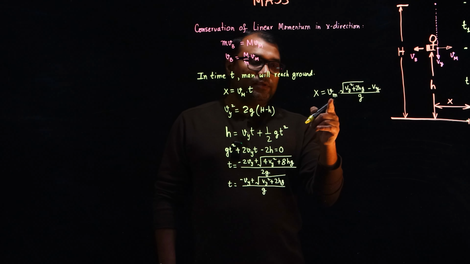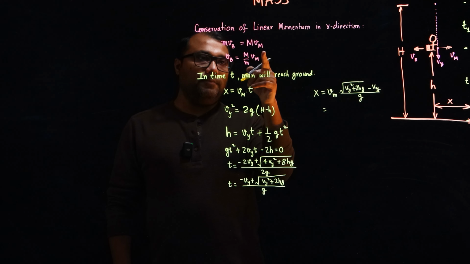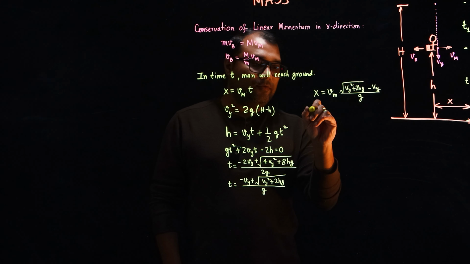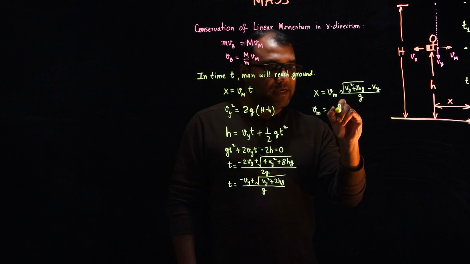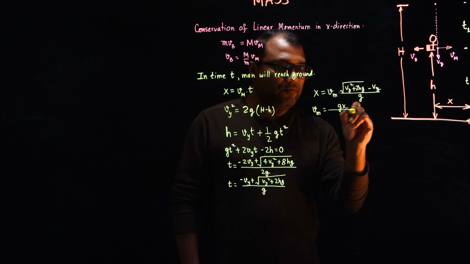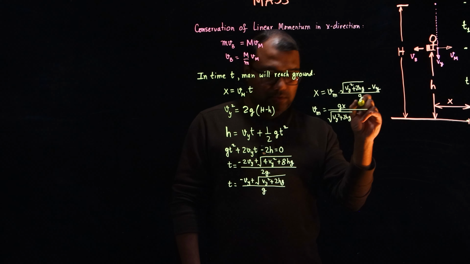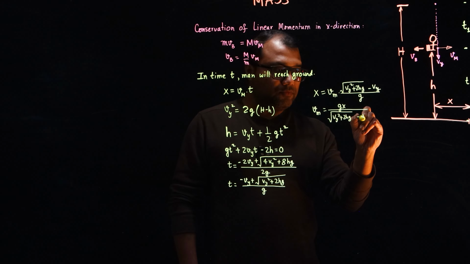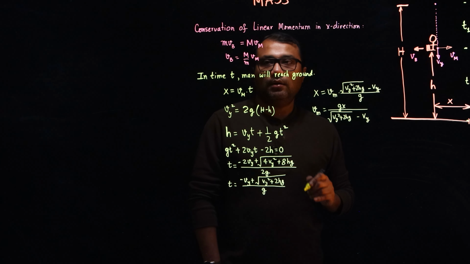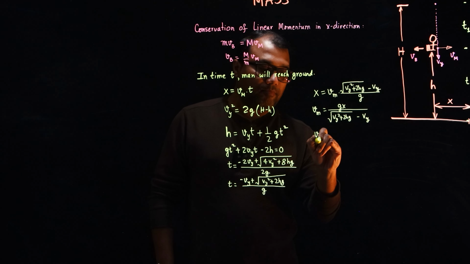Now we can write Vm is gx divided by root of Vy square plus 2hg minus Vy. Now that we have the value of Vm, we can find Vb.